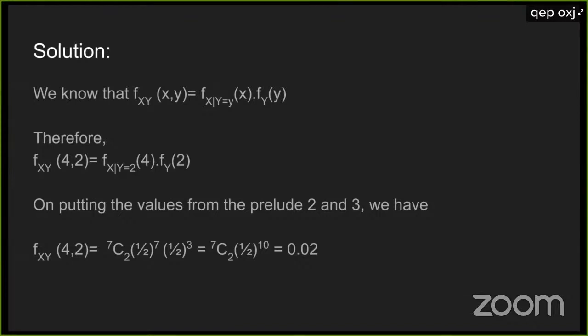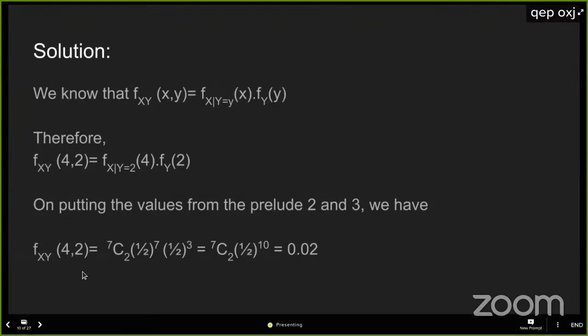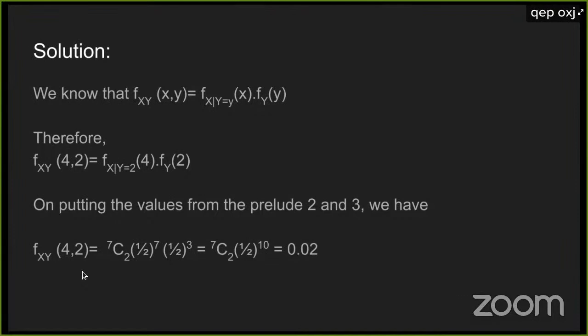So in this type of question, what does this mean? Fxy of 4 comma 2. It is an intersection point. If we are able to draw the PMF table, then we can find that. But finding a PMF table is very difficult in this case. Here we were able to find the conditional density from the given information, right?